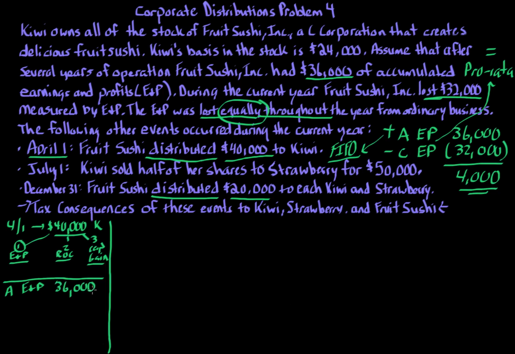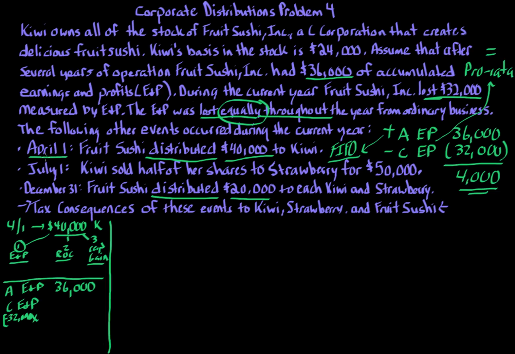The current EMP is going to be a calculation, and that calculation is going to be the $32,000, sorry, that's negative $32,000, but only up until April.